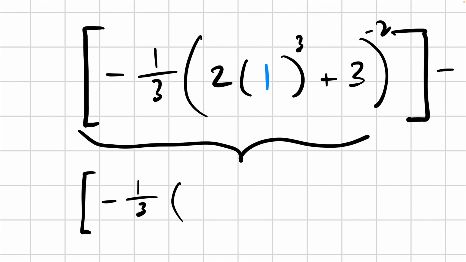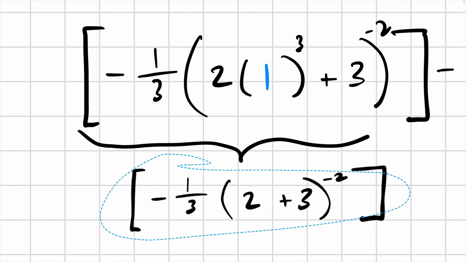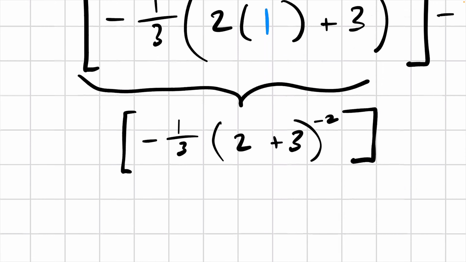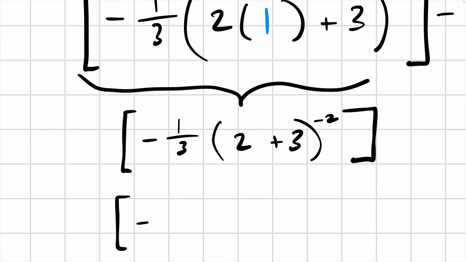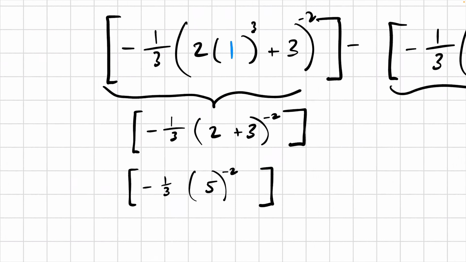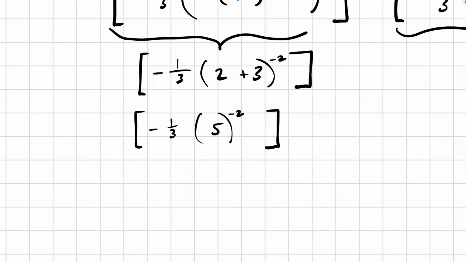So here we go. 1 cubed is 1 times 2 is 2 plus 3, to the negative 2 power. Negative 1/3, parentheses, 5 to the negative 2 power. What does negative 2 power mean?